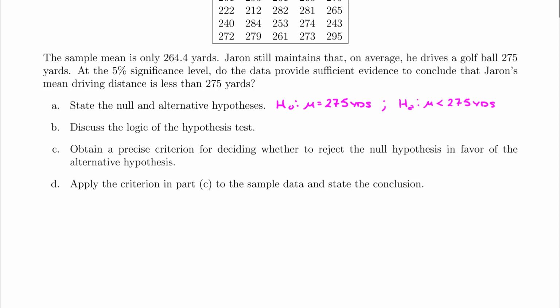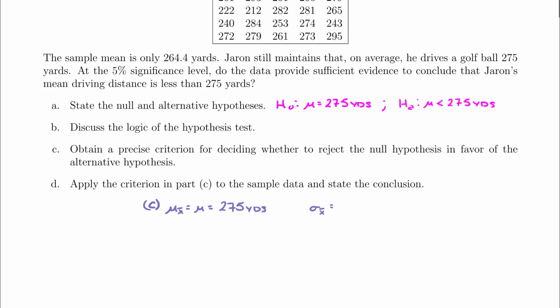Now, for part C, this is going to be exactly the same as what we did yesterday. Initially, it will be exactly the same. So for part C, we first established the sample mean is equal to the population mean based on our assumptions. So we're saying that mu is equal to 275 yards. Then we also want to look at the standard deviation of the sample.